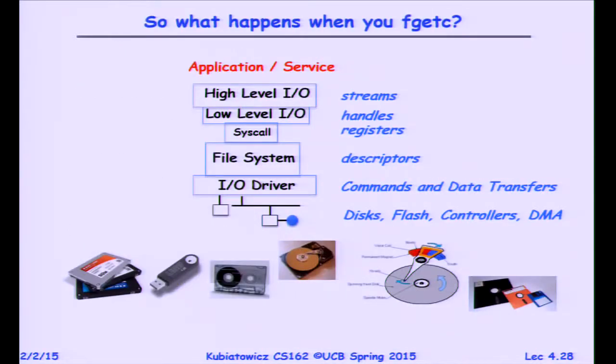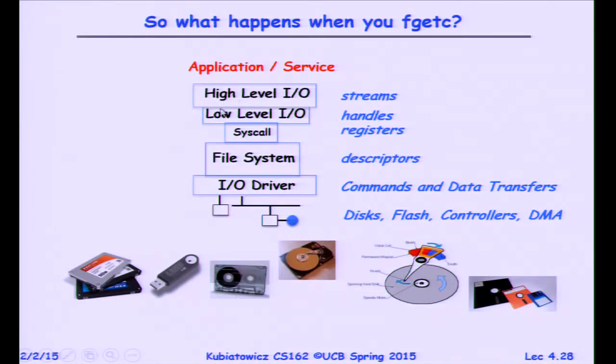So here's our picture. So now you can kind of see, and this was where I drove our poor transcriber nuts last time. But what happens when you do an fgetc? Well, you're at the highest level. The fgetc is referring to a FILE star. So you go into the high-level C library. That FILE star has an associated low-level file descriptor.